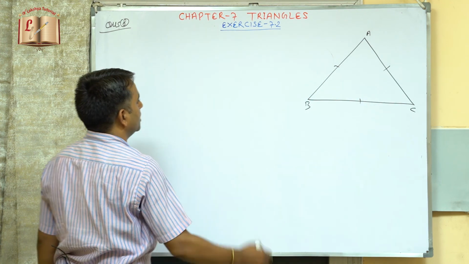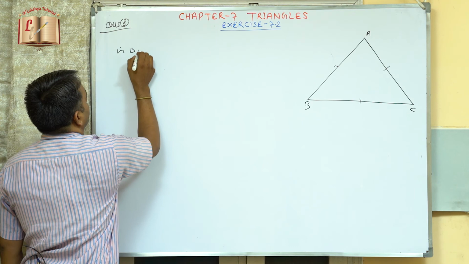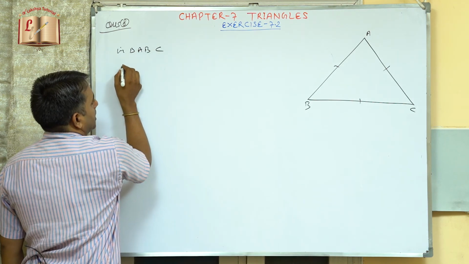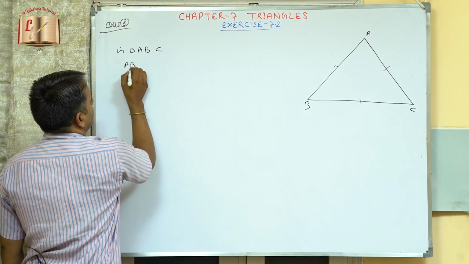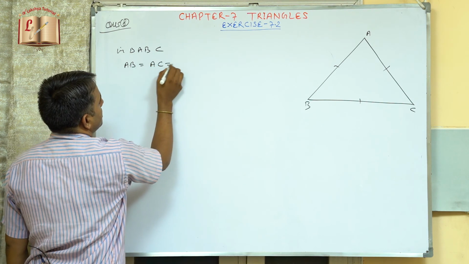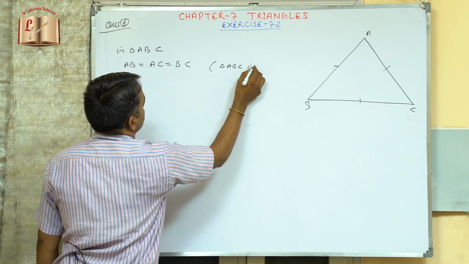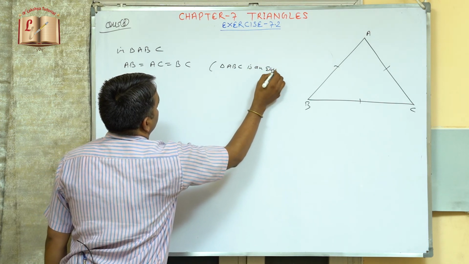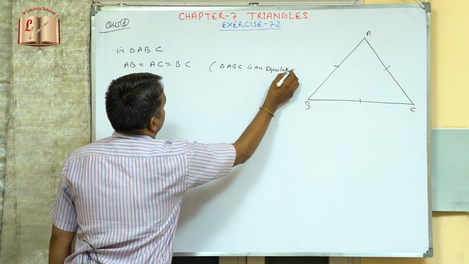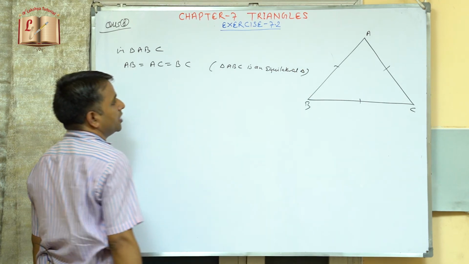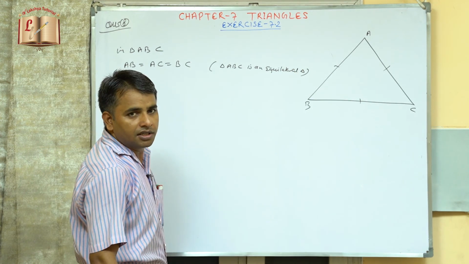So in triangle ABC, AB is equal to AC is equal to BC because triangle ABC is an equilateral triangle.